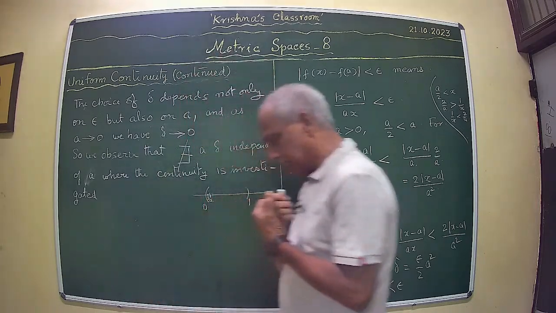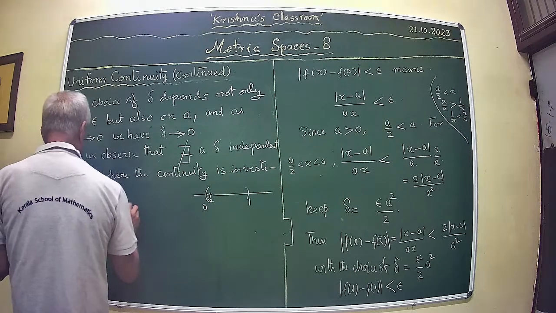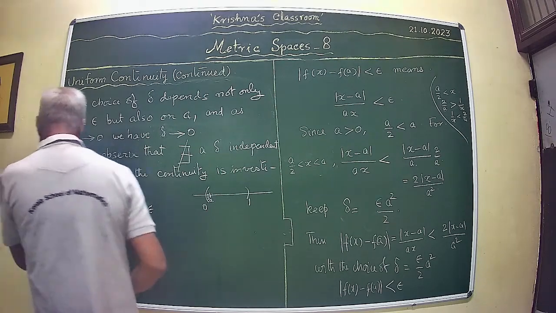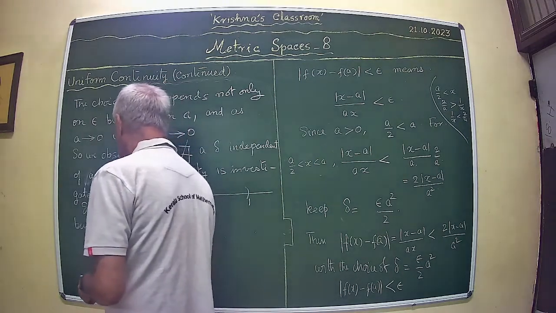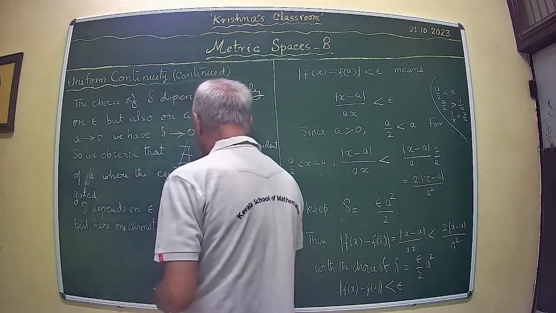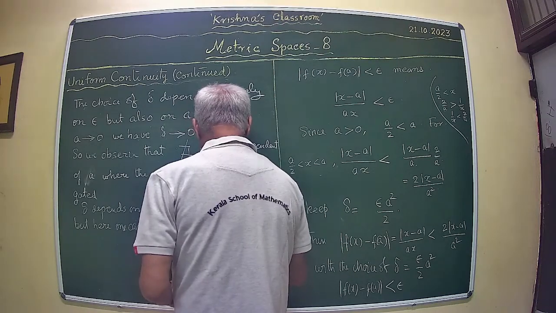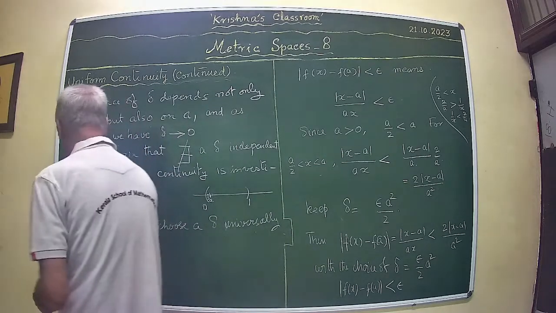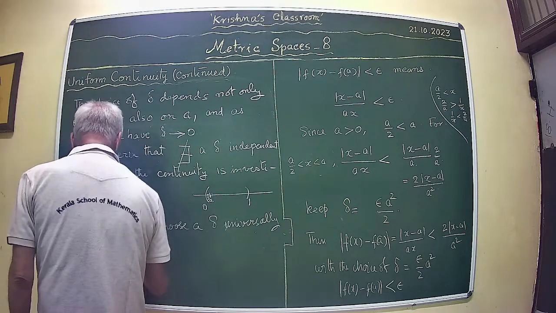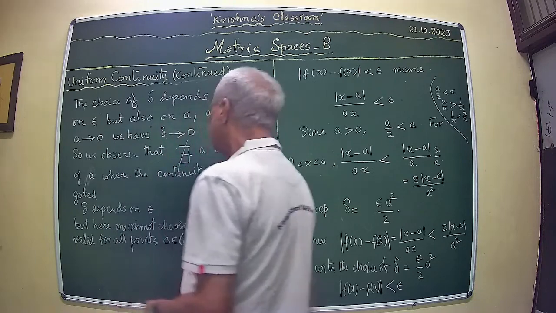So in general, obviously delta depends on epsilon, but here one cannot choose a delta universally valid for all points in (0, 1). Now this is the problem.